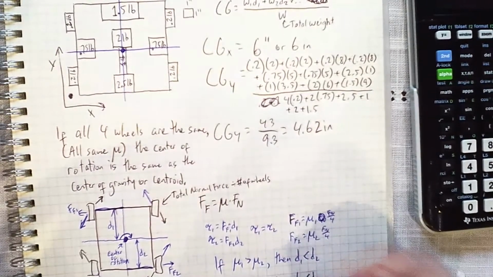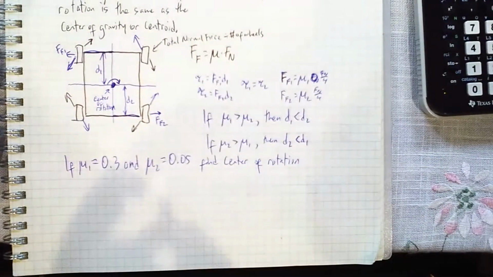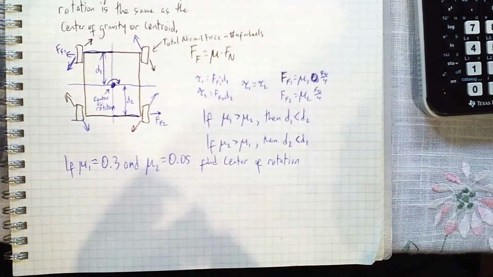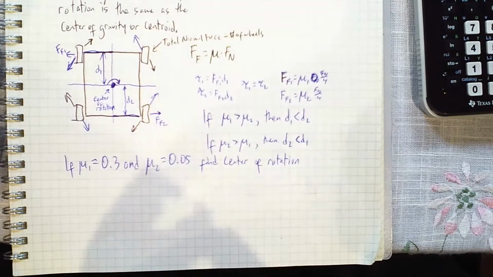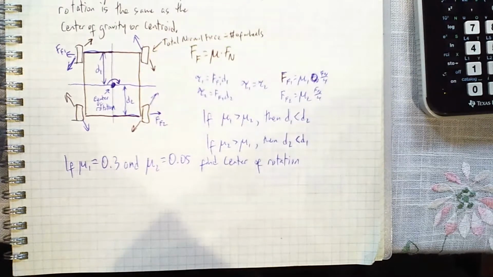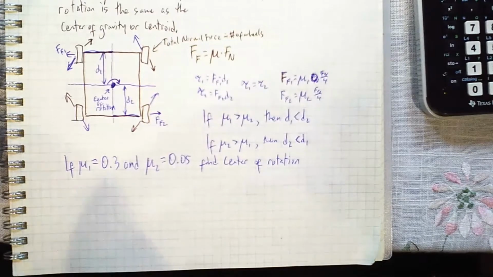So again, let's pause here and try it out. Try to find it on your own before we go through it together. And then we'll go through it together. So pause here. Take like 10 minutes.